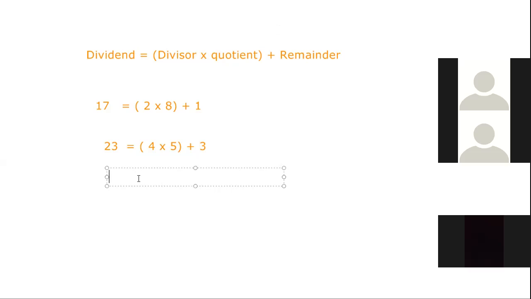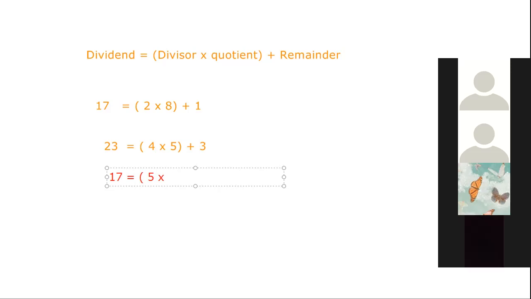Okay. 17 is equal to, let us put here, 5 times 5. 5 times 5, Lana, is 25, which is a big number with respect to 17. 5 times 3.